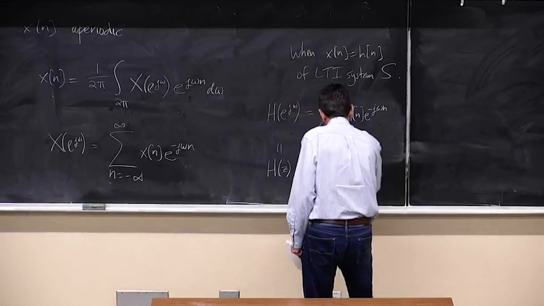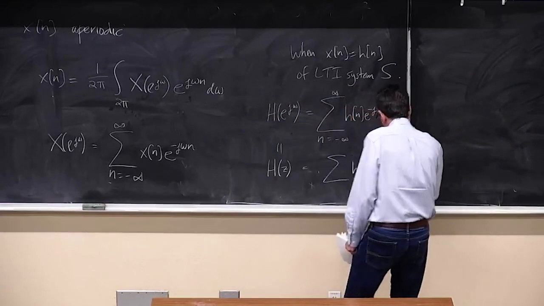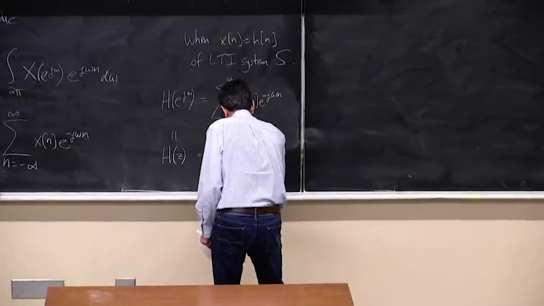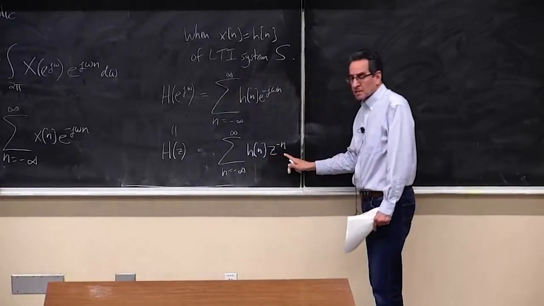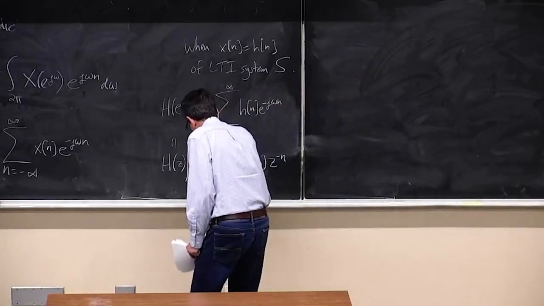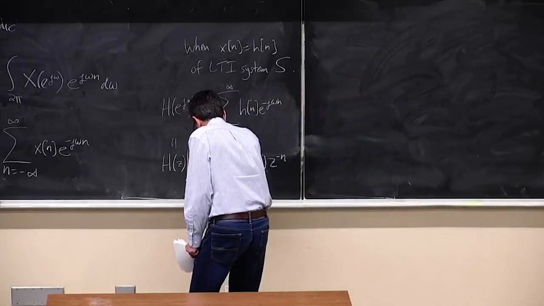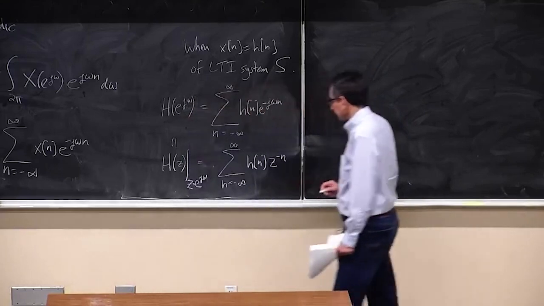Remember, H of z, the system function, was the sum of h of n, z to the minus n. And all we did here was we just said, let's set z equal to e to the j omega.